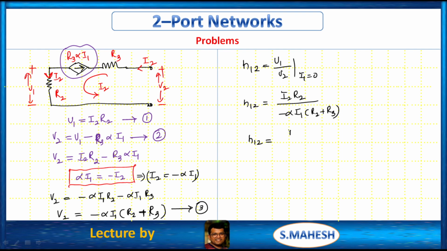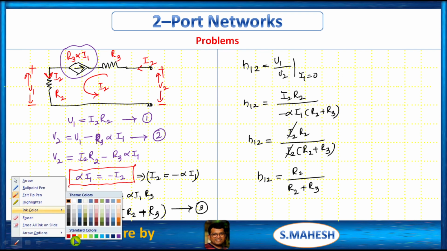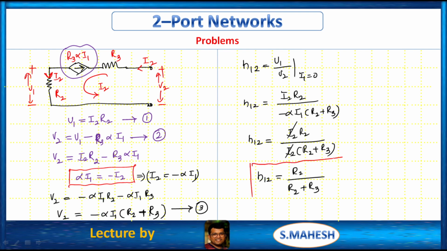Since minus alpha I1 is I2, H12 equals I2 R2 by I2 times R2 plus R3. So I2 gets cancelled, therefore H12 equals R2 by R2 plus R3. So this is the H12 parameter.